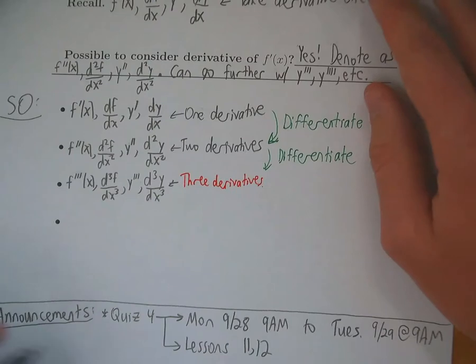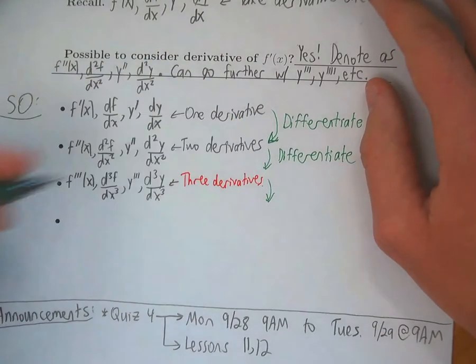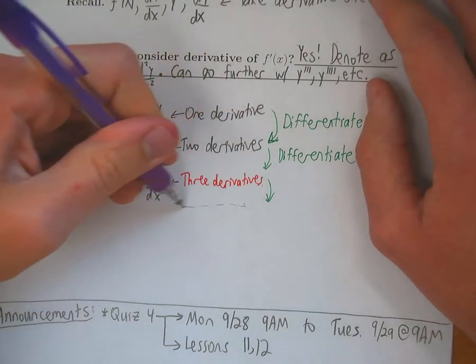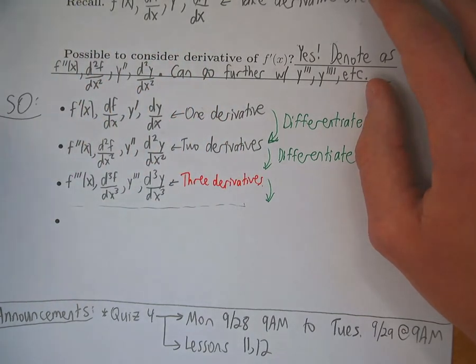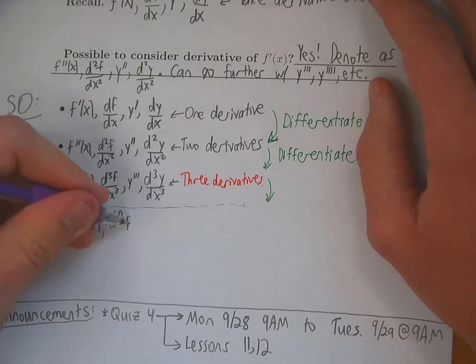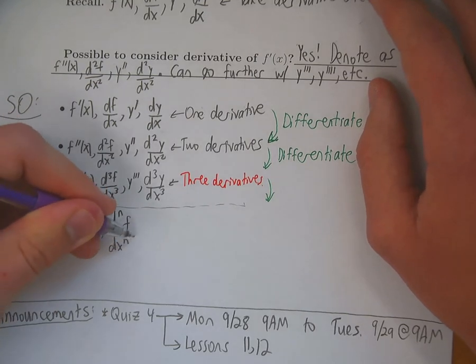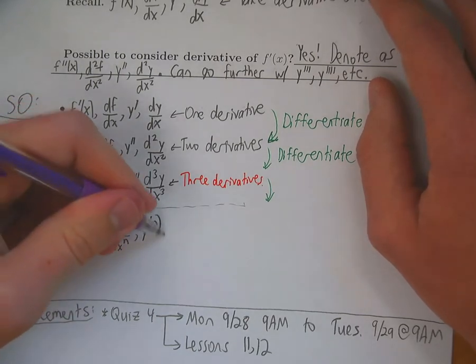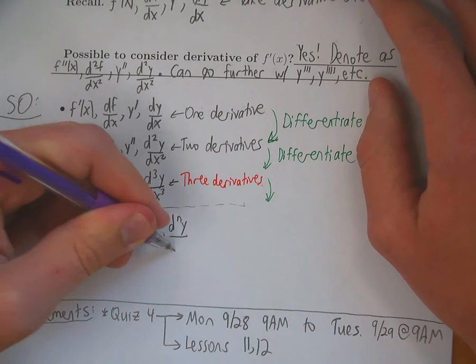And then from that you get the idea. If we keep going, dot, dot, dot. If you want to generalize this to the nth derivative, you would have f with parentheses n of x, d to the power of n of f over dx to the n, y with parentheses n, and d to the n of y over dx to the n.